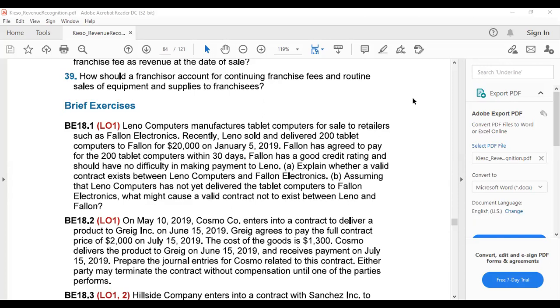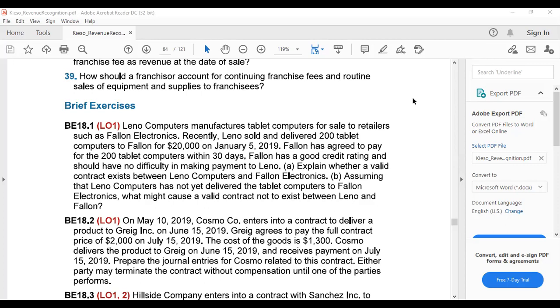Fallon has a good credit rating and should have no difficulty in making payment to Lino. A. Explain whether a valid contract exists between Lino Computers and Fallon Electronics. B. Assuming that Lino Computers has not yet delivered the tablet computers to Fallon Electronics, what might cause a valid contract not to exist between Lino and Fallon?